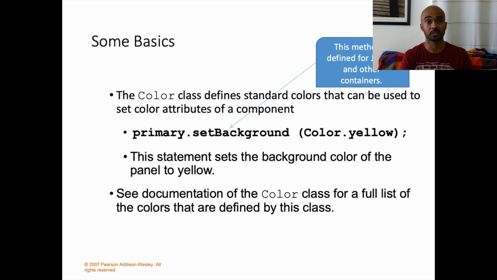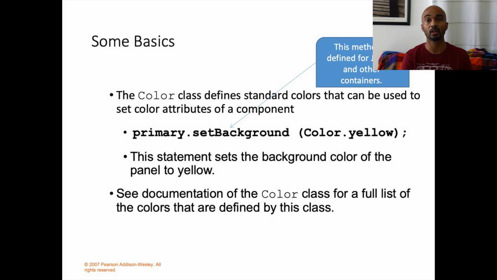The Color class also comes with some predefined colors. We used yellow, for instance. Color.yellow will return the primary yellow color. You can use that by giving it to the setBackground method.